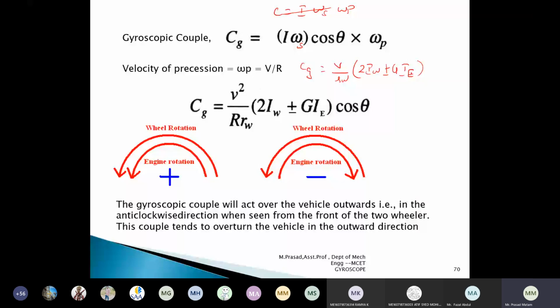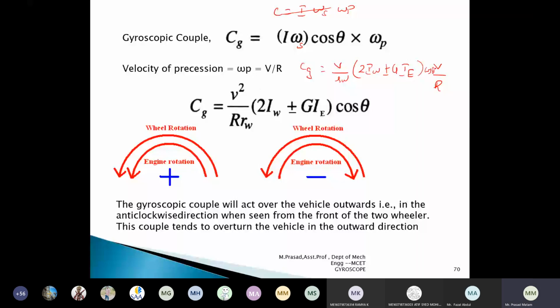So now you can see here, omega P we multiplied with V by R. Now you can see V and V comes as V square. This R and RW I am writing here, 2IW plus or minus GIE. And again, I have I omega S into cos theta. I have to multiply with cos theta again here.